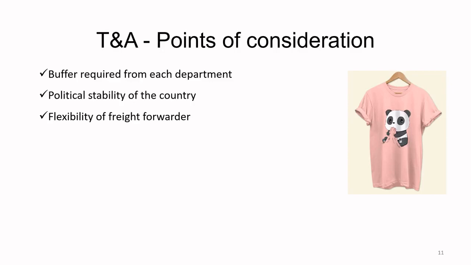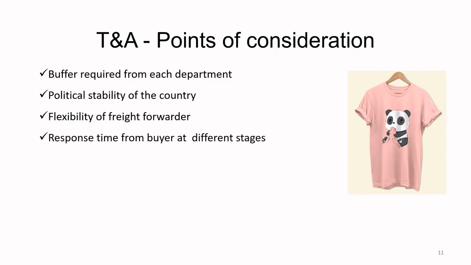But if you are delayed by even 1 day in case of sea shipment, you will be delayed by at least 7 days, because of the rigidity of the fact that the vessels leave from Mumbai only on Sundays. So how flexible is the freight forwarder? That also should be taken into consideration when making the time and action calendar.